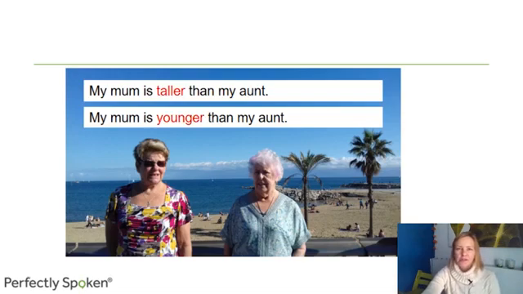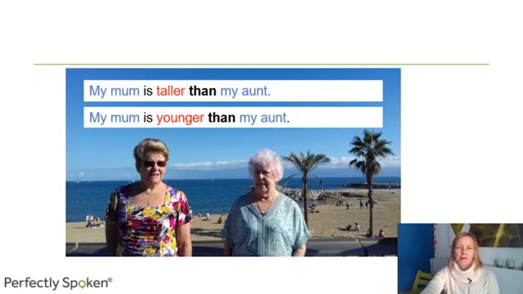Okay, now let's have a quick look. We've got the vocabulary here, the adjectives: taller, younger. And here, because we're making a comparison between two things, you've got one thing and another thing, and you're comparing it. Okay, so in this case, my mum is younger than my aunt. And notice we use the word than. Okay, because sometimes students get this word wrong. They say that or of.